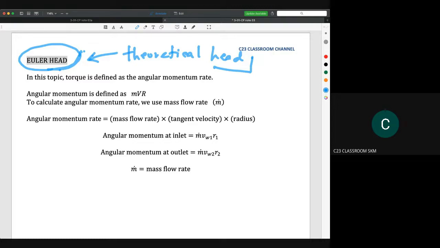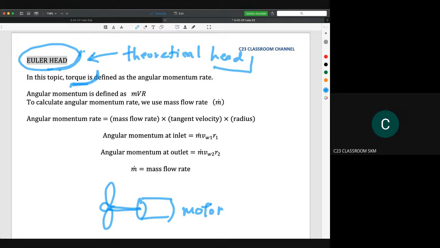To calculate the Euler head, we need to calculate the torque. We know that we have a motor here, and the motor will rotate a shaft, and this shaft will rotate the blade.